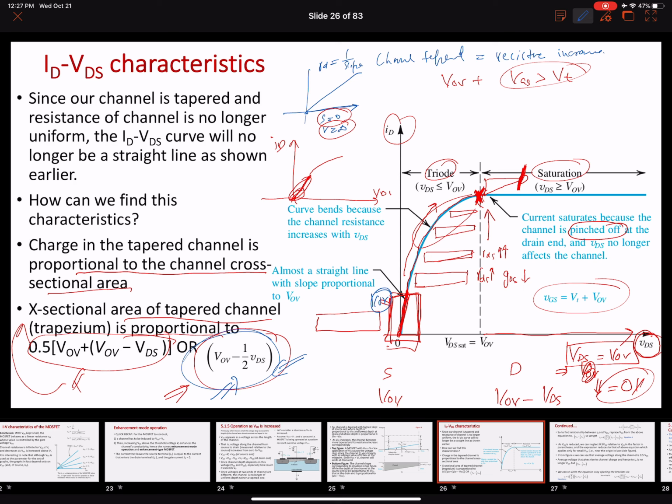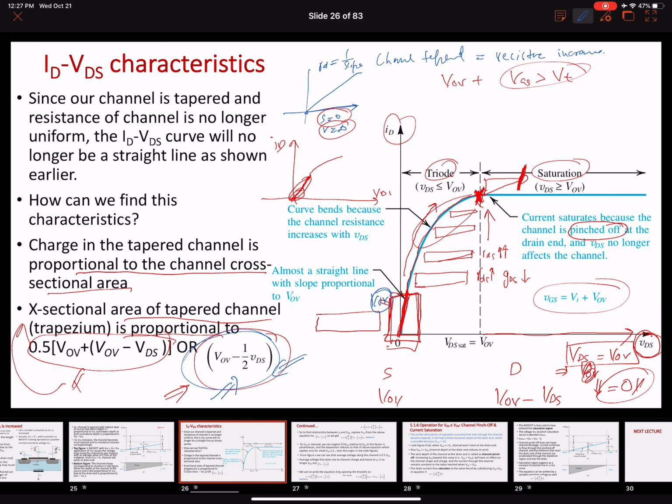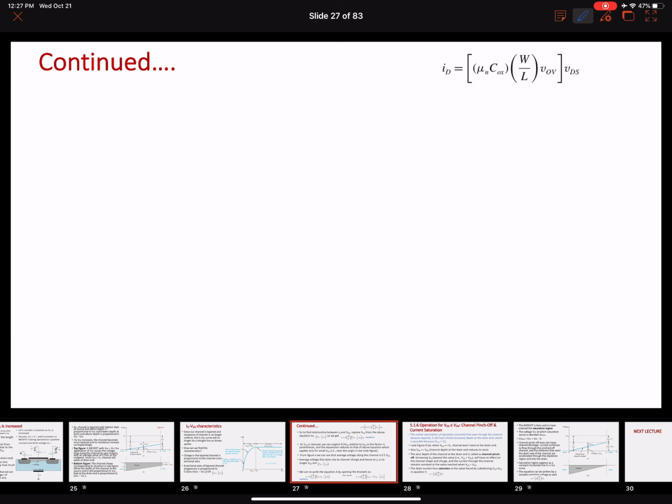We will soon realize that in the drain current equation, we can just replace this by that. So this was the equation when VDS was small, and this was the voltage appearing at the drain end.